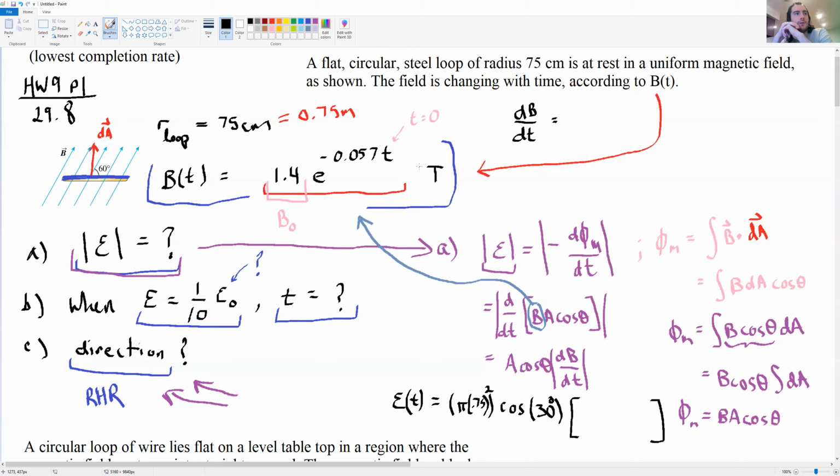I know some people, whenever you get a calculus question in a non-calculus class, it always takes at least twice as long because you have to remember. So go through the motions of calculating that derivative. The derivative of an exponential always comes out as an exponential, but you have to remember the chain rule.